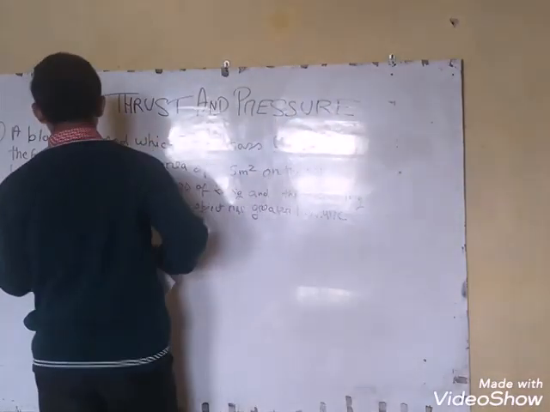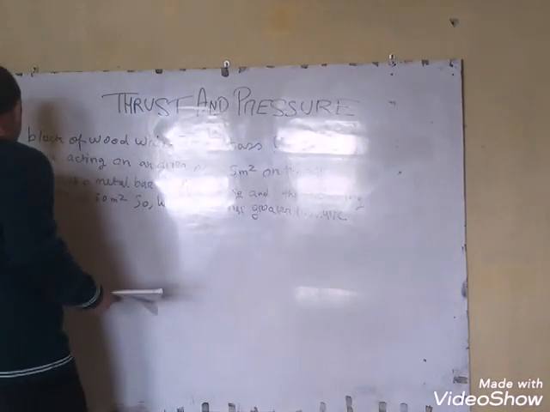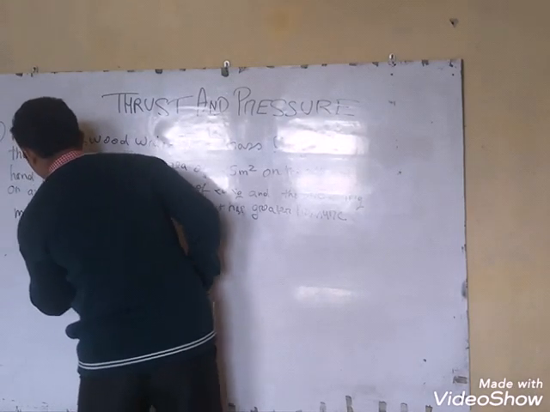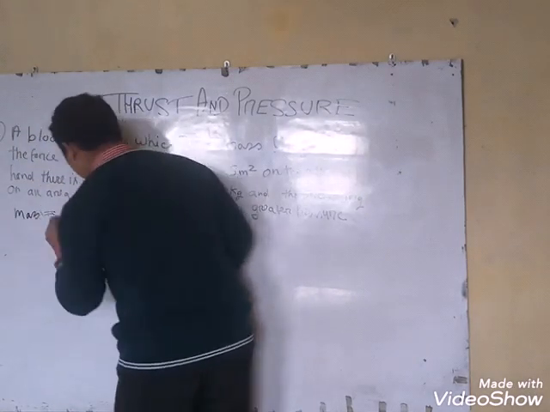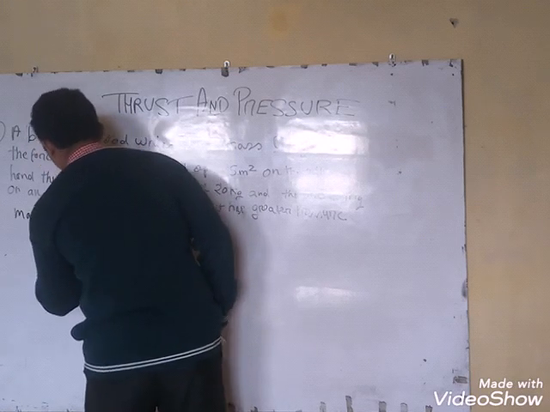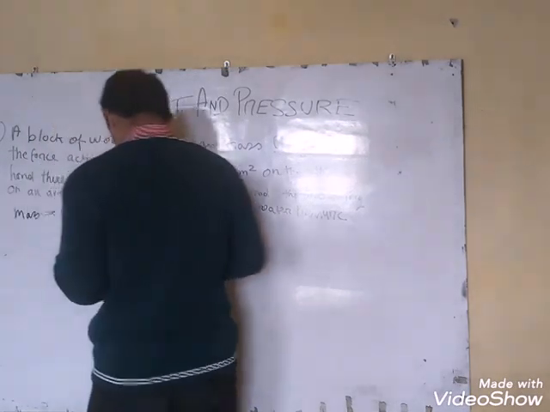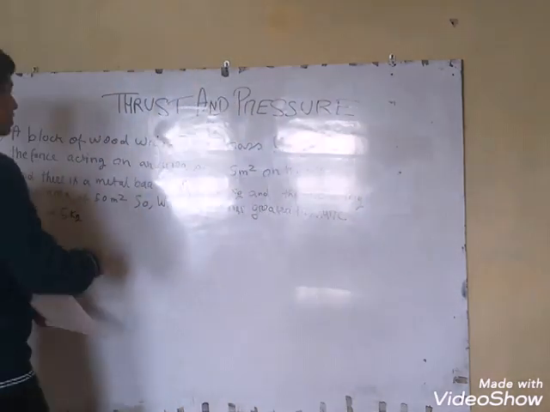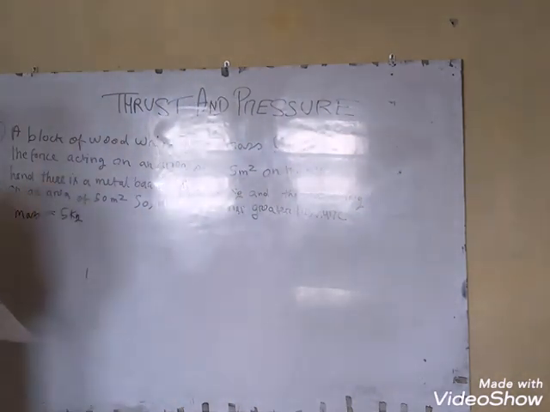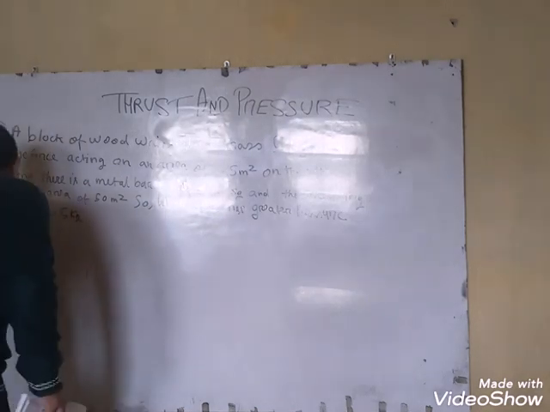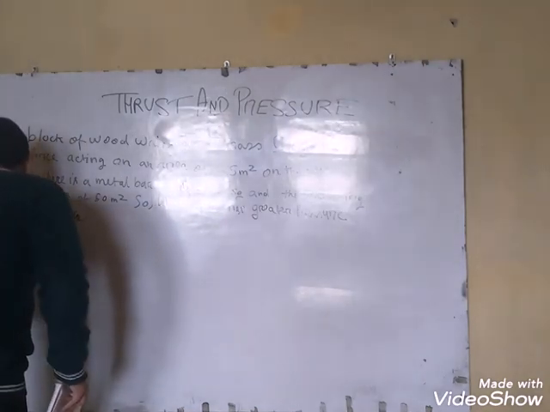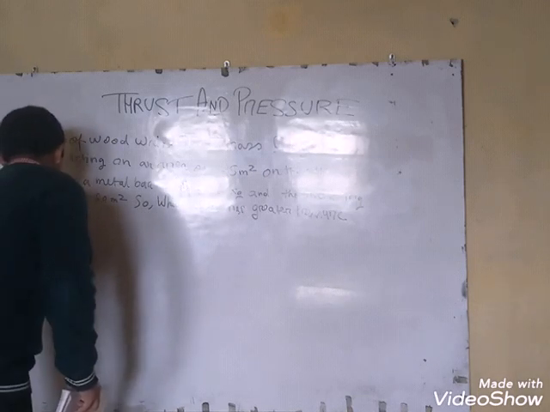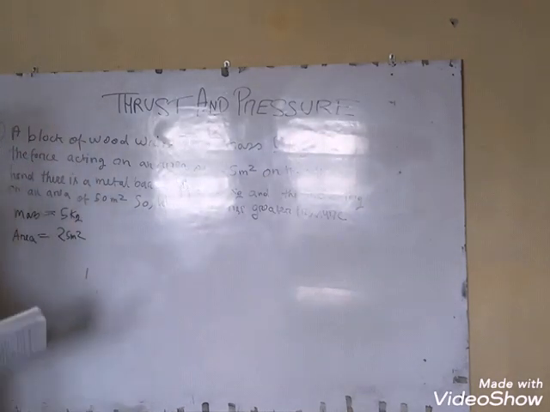So first object is wood which has mass 5 kg and the force acting on an area of 25 meters square.